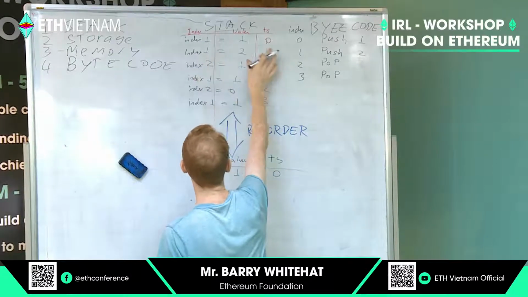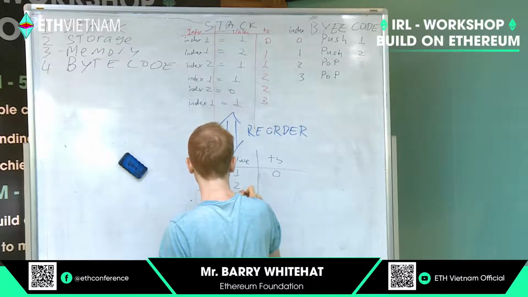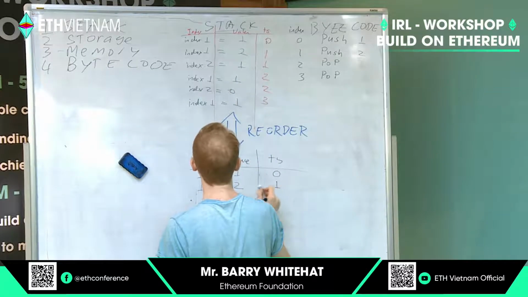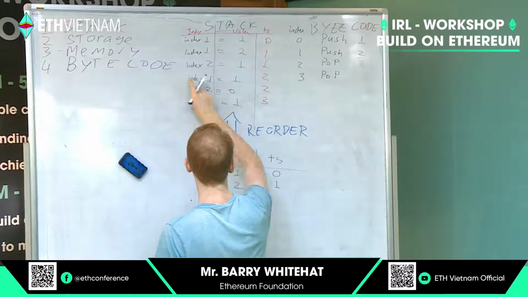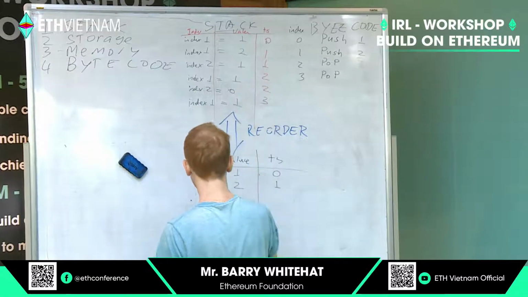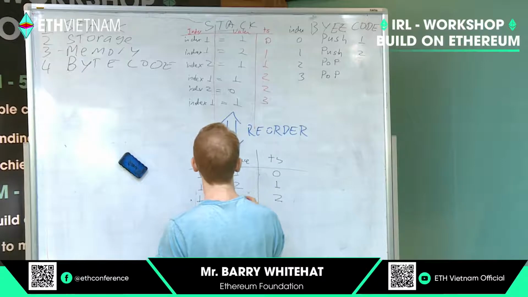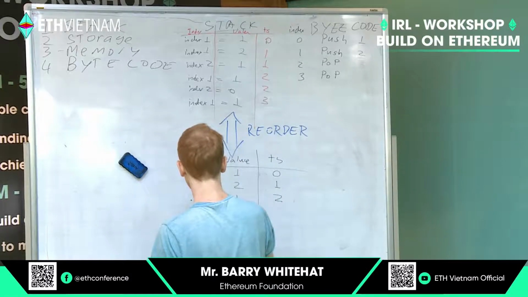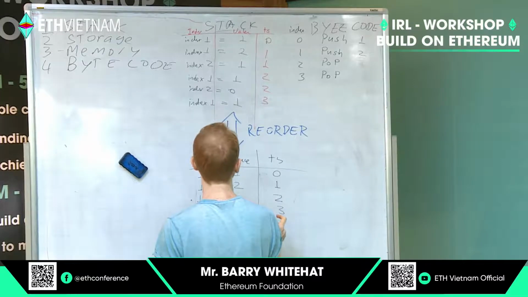Index 1, timestamp 1 is 2. And what goes next? Next goes index 1, value 1, timestamp 2. And what comes next? Index 1, value 1, timestamp 3.